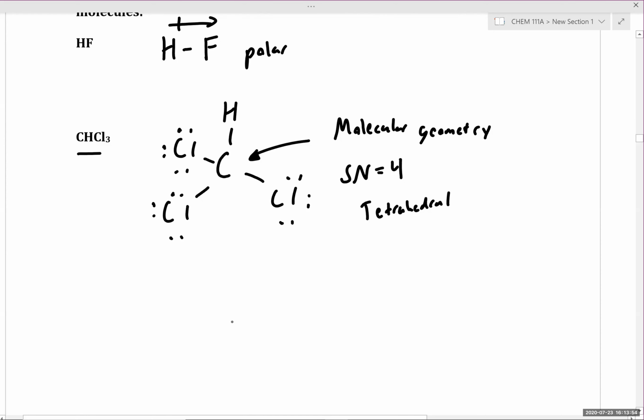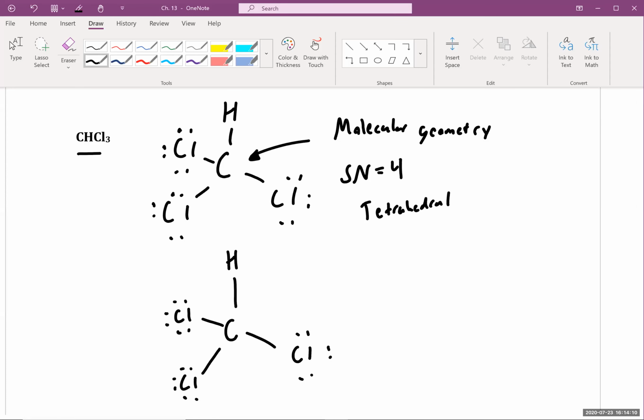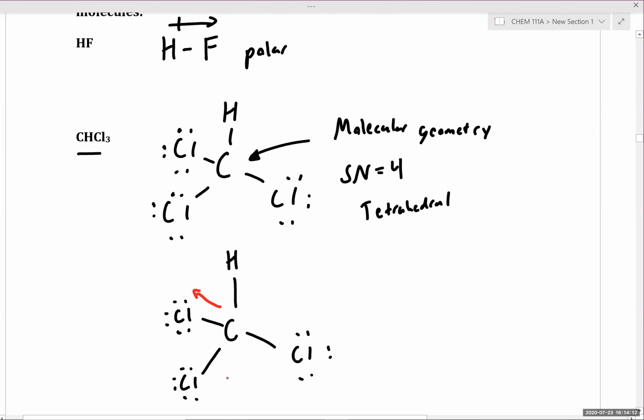So then to draw this a little more suggestively, this molecule looks something like this. Now, when we think about our polar bonds, our carbon-chlorine bonds are polarized towards chlorine.